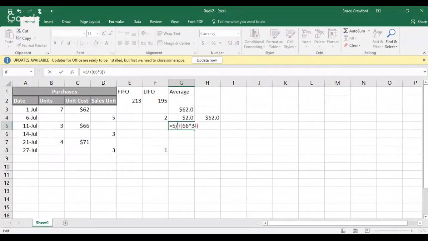Times 2, 24. 10 times 3 is 198. Not sure what's going on here. You can see what I'm trying to do. Okay, I'm just going to do the math on my calculator and put it up here.